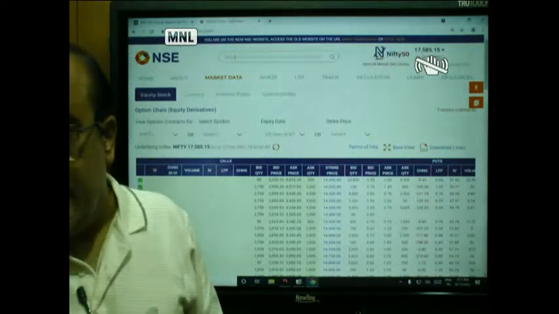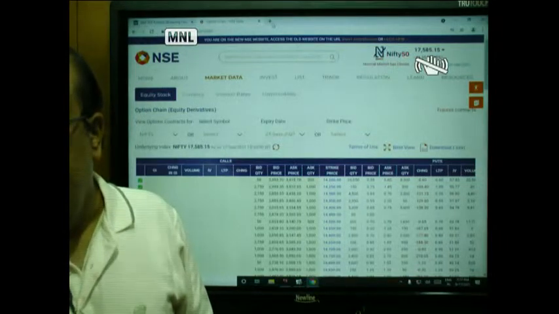Now let us look at the futures price, in this case the Nifty futures price.